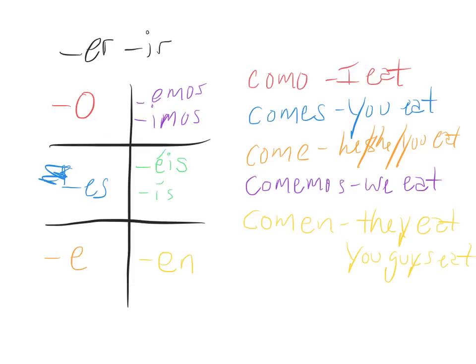Now, again, if you want to clarify the subject here of who's actually eating, all you have to do is put in here ustedes. Ustedes comen. Now it's clear that it is you guys eat without any confusion.